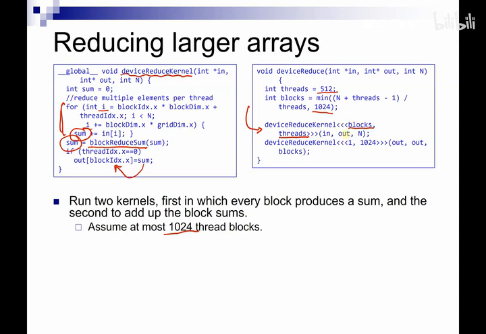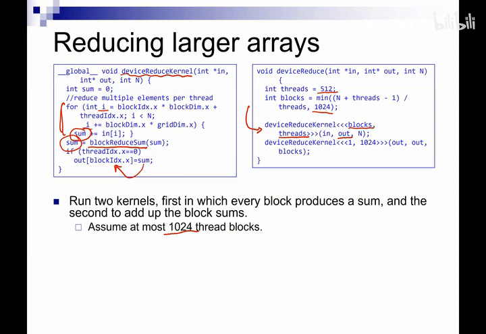Then this output array is going to have 100 values in it, each value being the sum from that thread block. And then the final thing you need to do is run a reduce kernel on the output array, and that's going to add up all of the values in the output array.